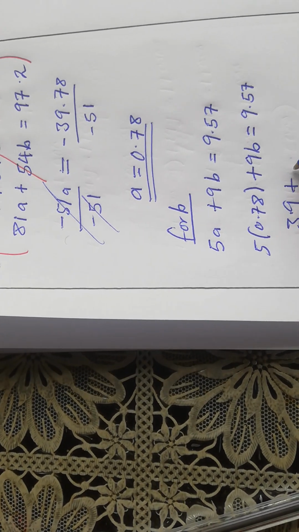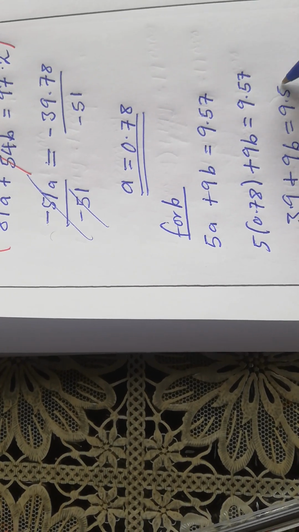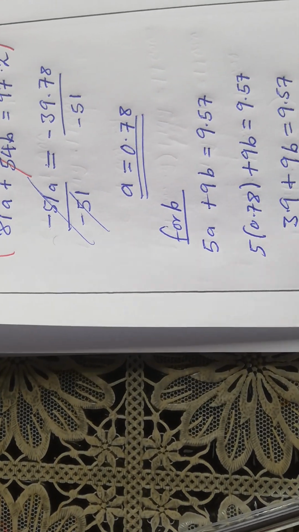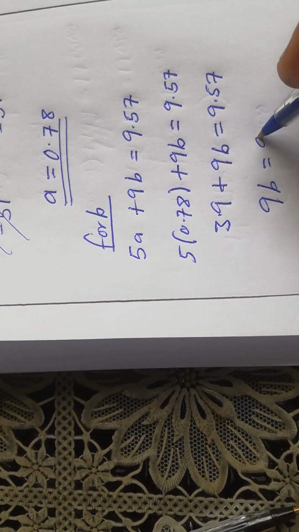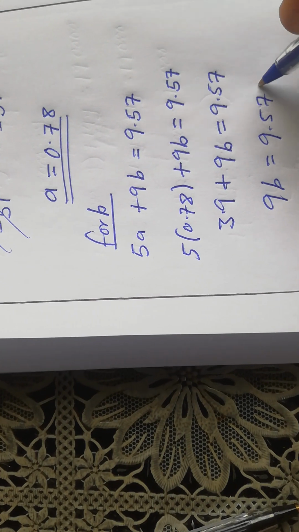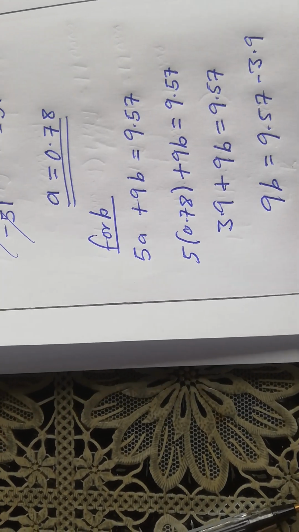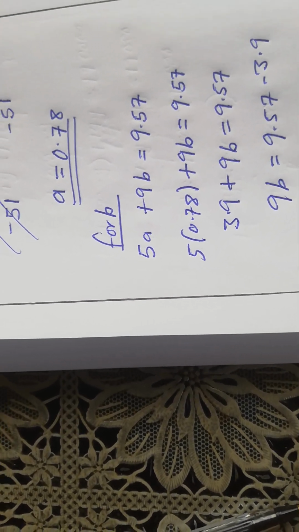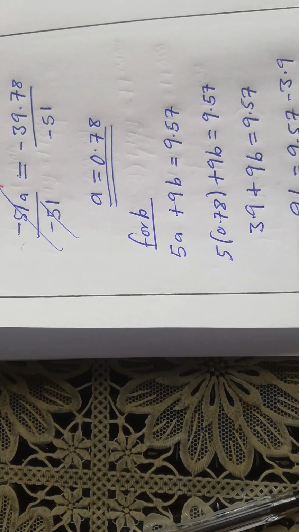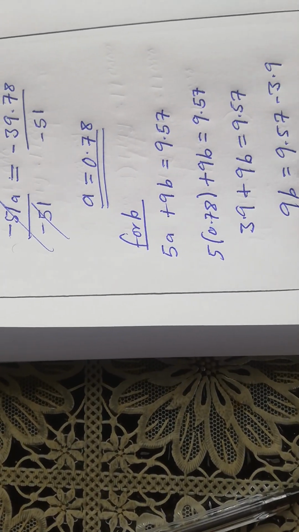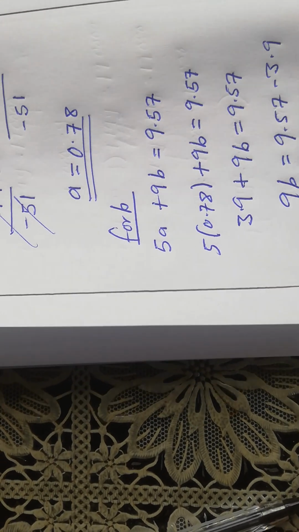We are adding 9B, which is equal to 9.57. 9B on the other side will be equal to 9.57 minus 3.9. 9B will be equal to 5.67. Then divided by 9.